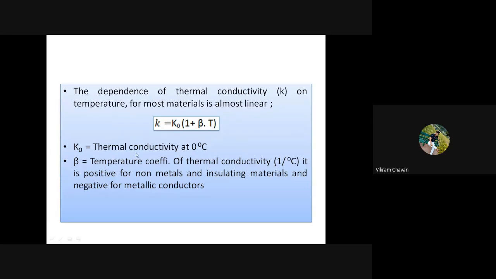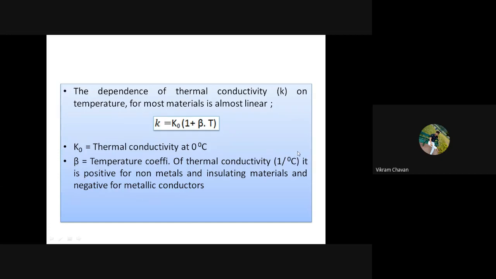K naught is the thermal conductivity at 0 degrees Celsius, whereas beta is the temperature coefficient of thermal conductivity. This temperature coefficient is positive for non-metals and insulating materials, and negative for metallic conductors.